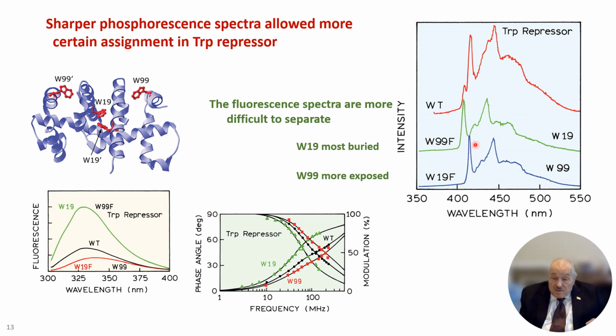They're not different in shape, but they're different in wavelength, and because of the sharpness of the spectra, the scientists were able to identify which of the two tryptophans was contributing to which of the emission spectra that we showed in the previous lecture.